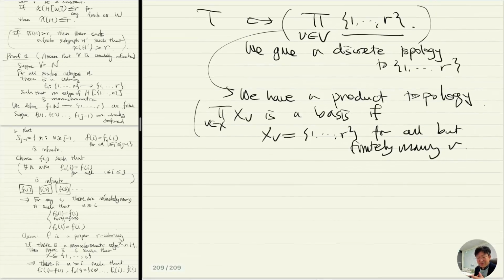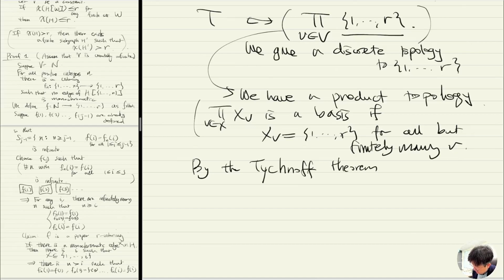And then anything you can obtain by taking a union of them will be open. Right? And then we use the Tychonoff theorem. Yeah, I think I made a typo here. This T is compact.